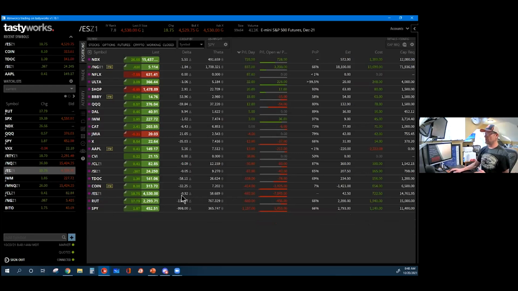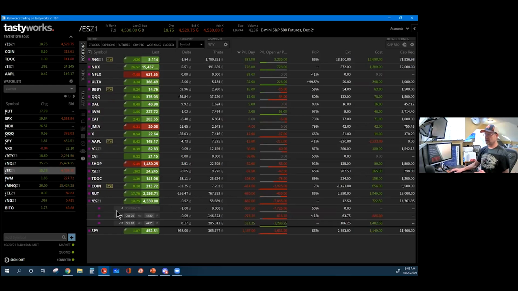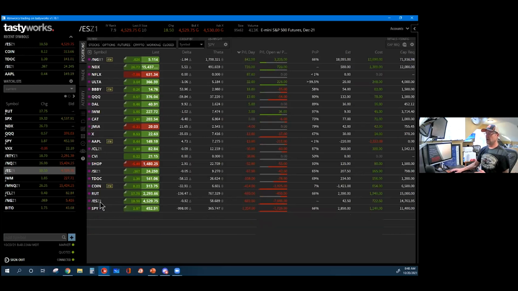I did put a put spread down here yesterday, I believe, and you can see that I brought in just around $700 of income on that for essentially a 1 DTE, right? Basically a 1 DTE. And so I'm pretty happy with that.